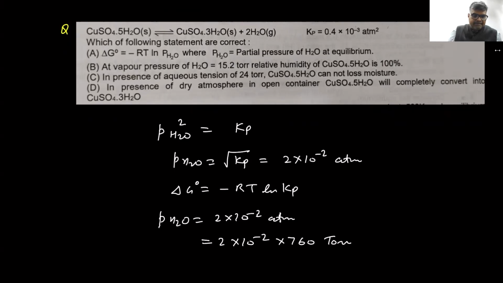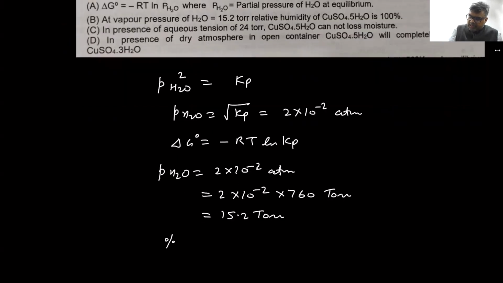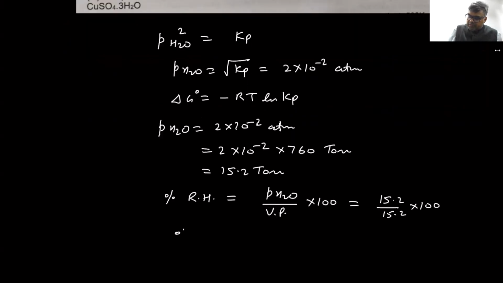And percentage relative humidity is basically the partial pressure of water upon the vapor pressure of water into 100 at a given temperature. So both the values are the same, 15.2 and 15.2. So the relative humidity will be 100%.